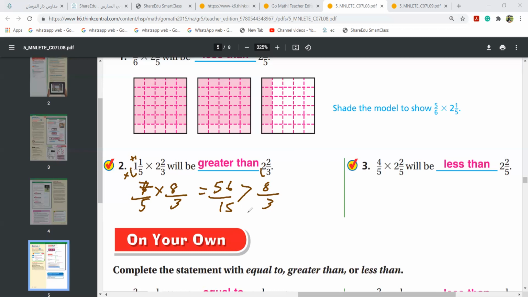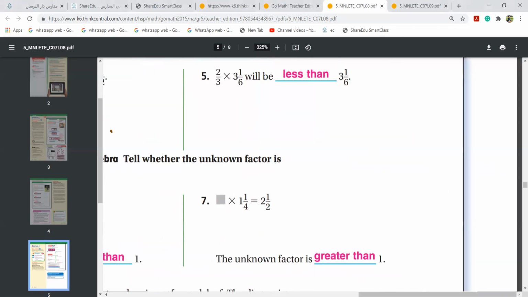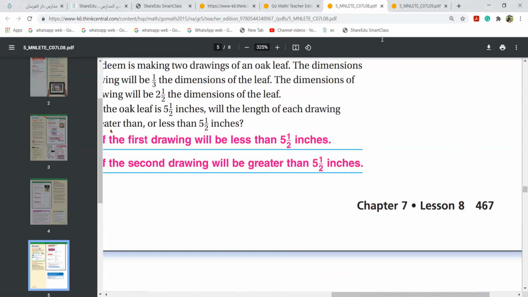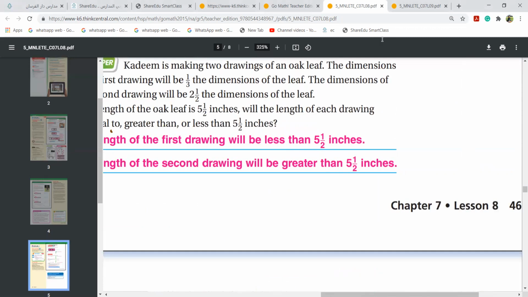Both the numbers are bigger than both the numbers. This lesson, you all just write it down. This one is less than. Page what? 467. Okay.